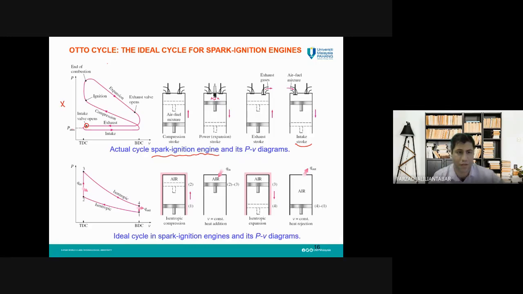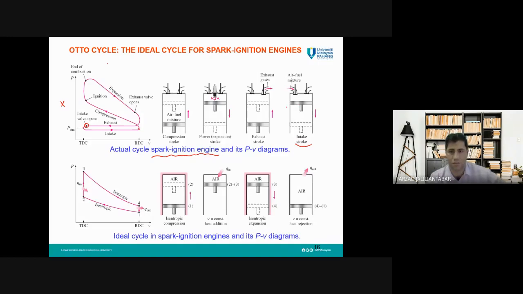So you can see here initially, when the valve opens, it is a little higher than the atmospheric pressure, but due to the suction of the air and fuel by the piston, the pressure will drop and go a little lower than the atmospheric pressure. Then we will have this intake process, which starts from this point to this point.